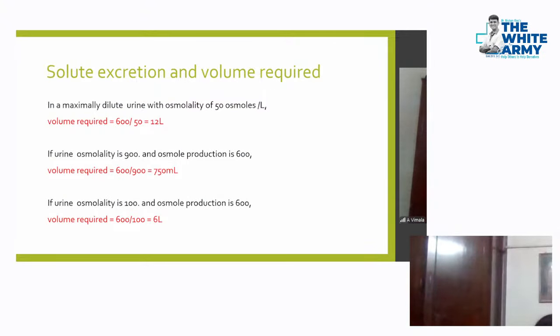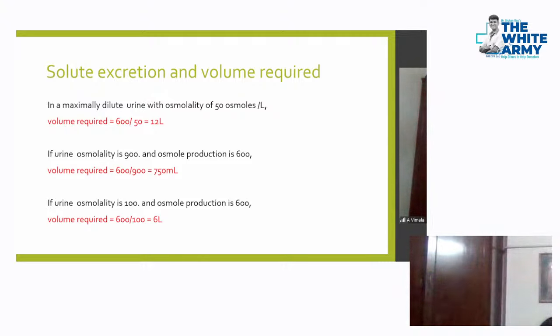So if somebody is diluting urine to the maximum at 50 osmoles per liter, to excrete the 600 osmoles, we need 12 liters. That means the urine output can range anywhere from 500 ml to 12 liters, depending on the diluting and concentrating capacity of the kidney. If the urine osmolality is 900 and the osmol production is 600, you need only 750 ml to excrete the 600 osmoles.